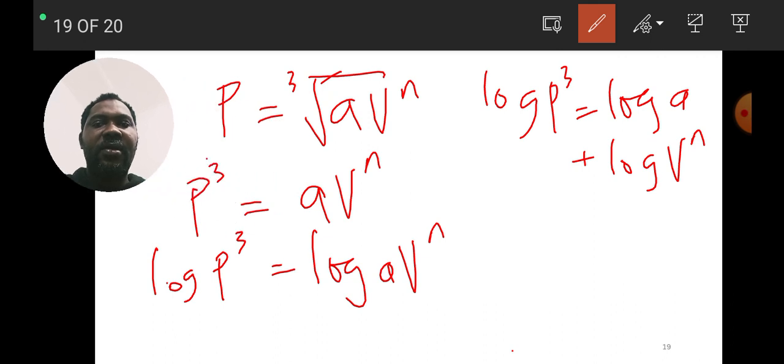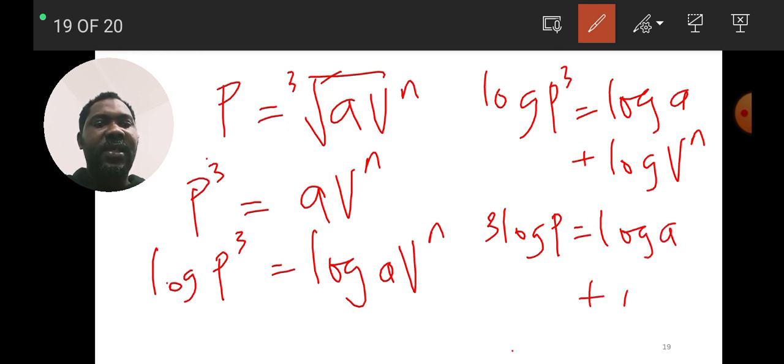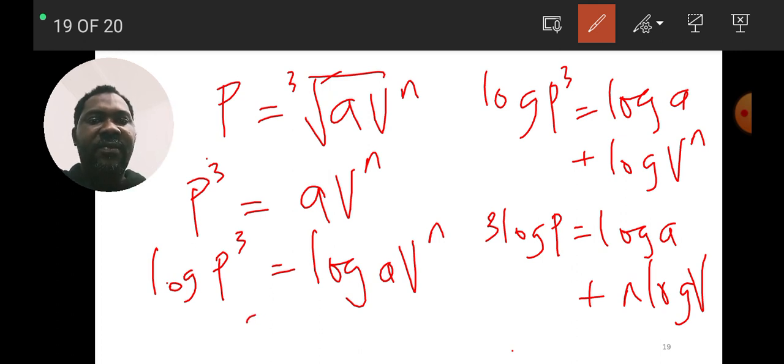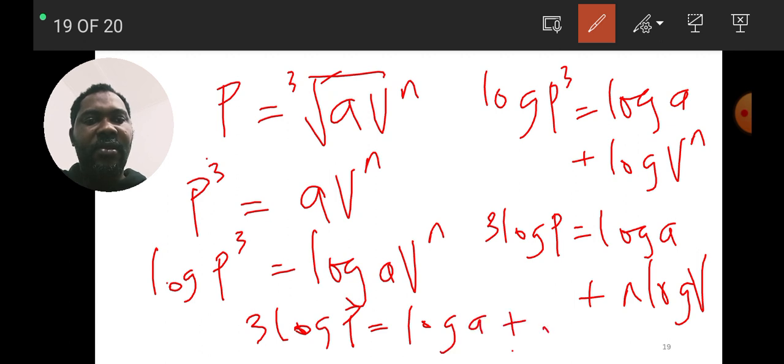So log P cubed can be written as 3 log P, equal to log a, then log V raised to power n can be written as n log V according to the law of logarithm. This is already looking like a straight line. So let me rewrite that: 3 log P equal to log a plus n log V.